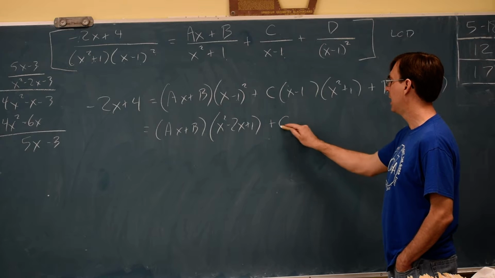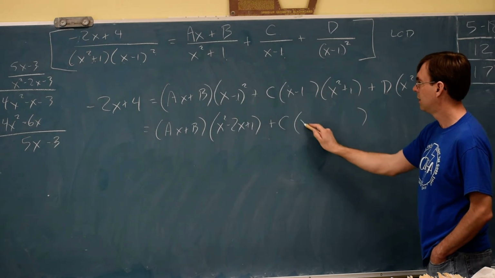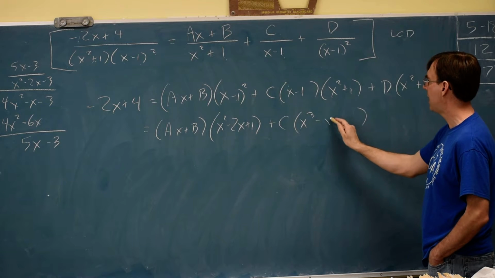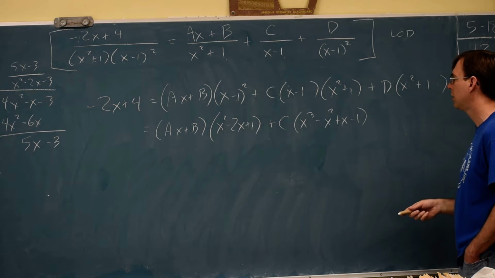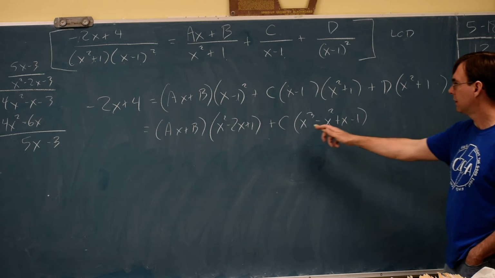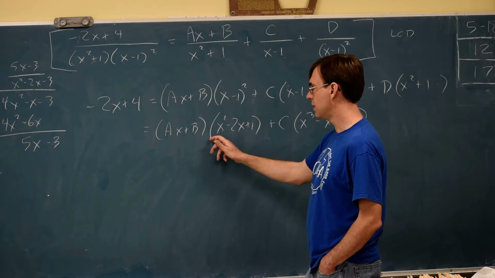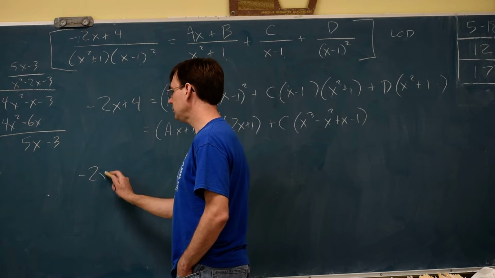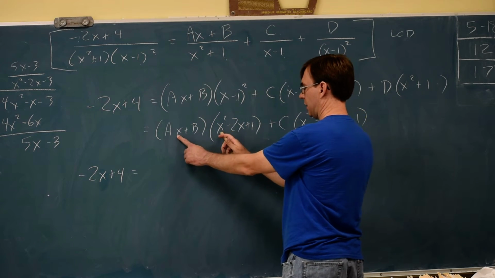If I FOIL this stuff, there's an x cubed minus an x squared plus an x minus a 1. This is going to need distributed. This C will need distributed. This is going to need refoiled. So let's go after this.